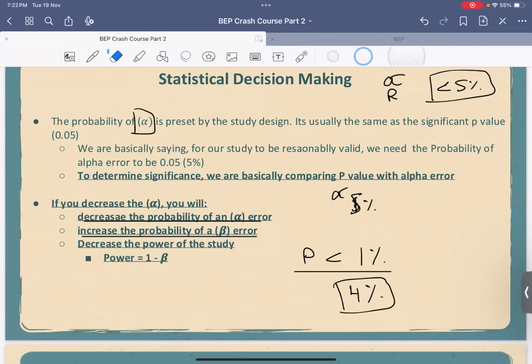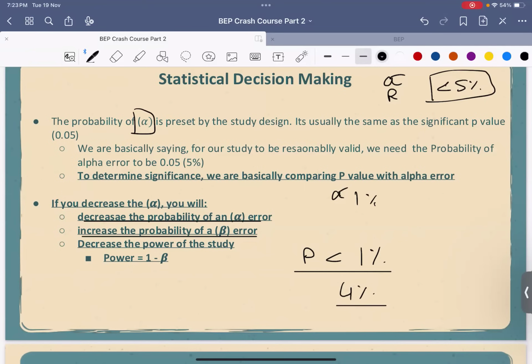But if alpha is now 1%, and I'm comparing the p-value to 1%, then the same 4% that I got in the other study will be reported as insignificant, and we will accept the null hypothesis. And that's an error because it might be false. So I might accept the null hypothesis when the null hypothesis is false.